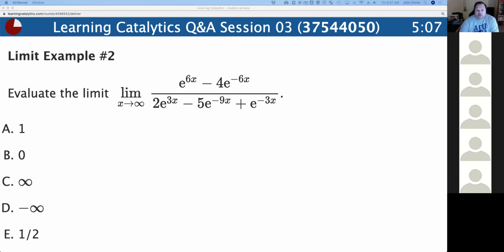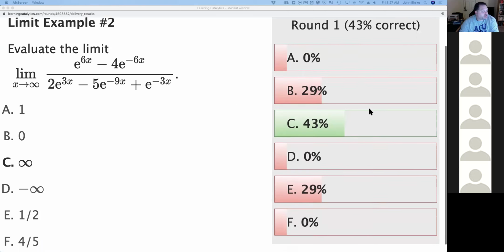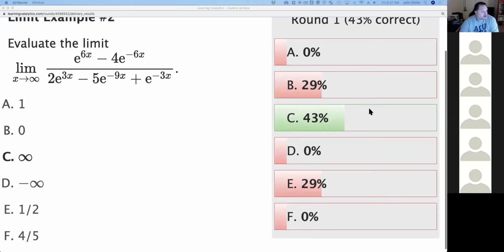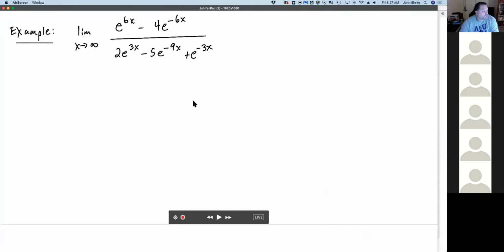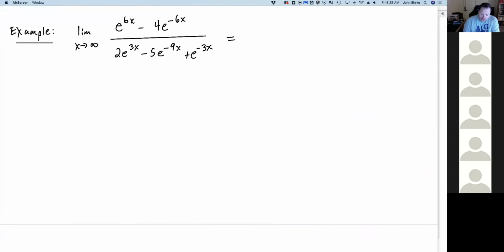All right, so the correct answer here is infinity. I'm going to do it first sort of intuitively, and then I'm going to show that that answer is correct. So the intuitive way to think about this particular one is to look at what happens as x goes to infinity of each term. I'm kind of thinking about directly substituting here.